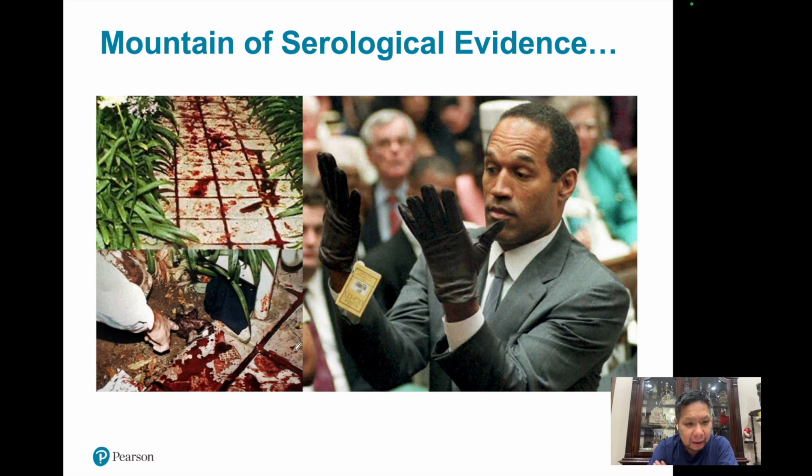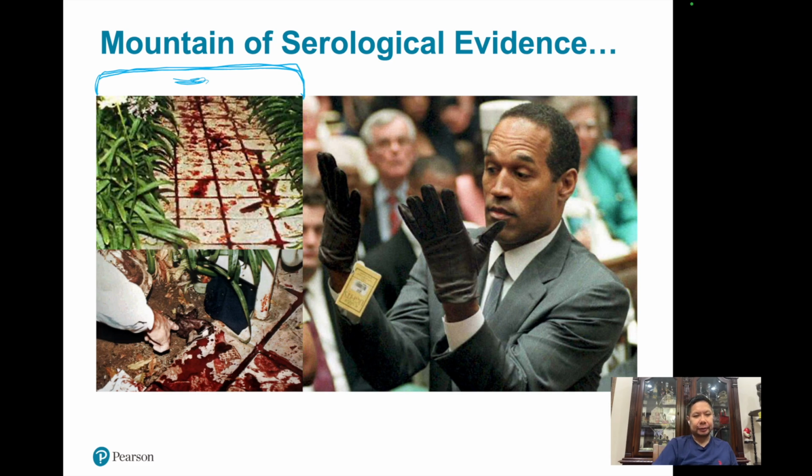The picture you see there is pictures of the crime scene. If I had not cropped it and you had seen most of it here, I know we've seen pretty bad stuff in our class already, but Nicole Brown's body was back here, right around here somewhere.